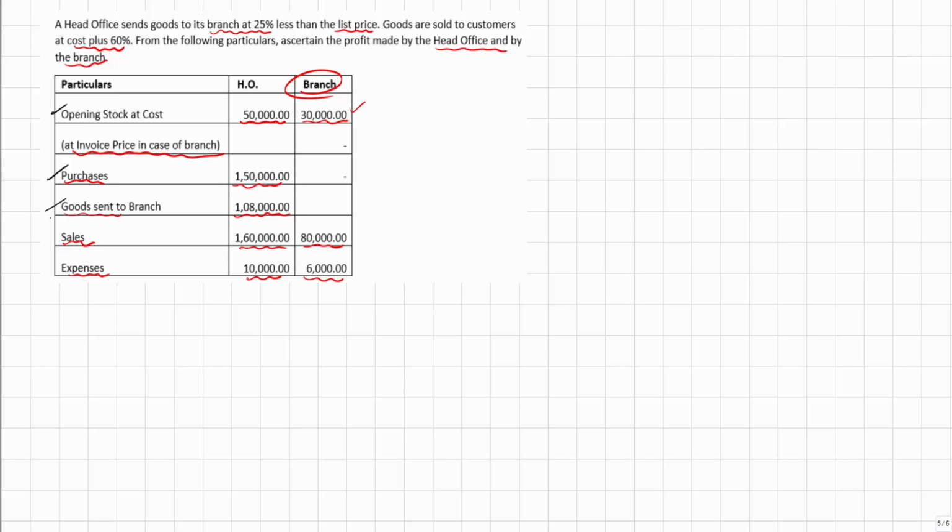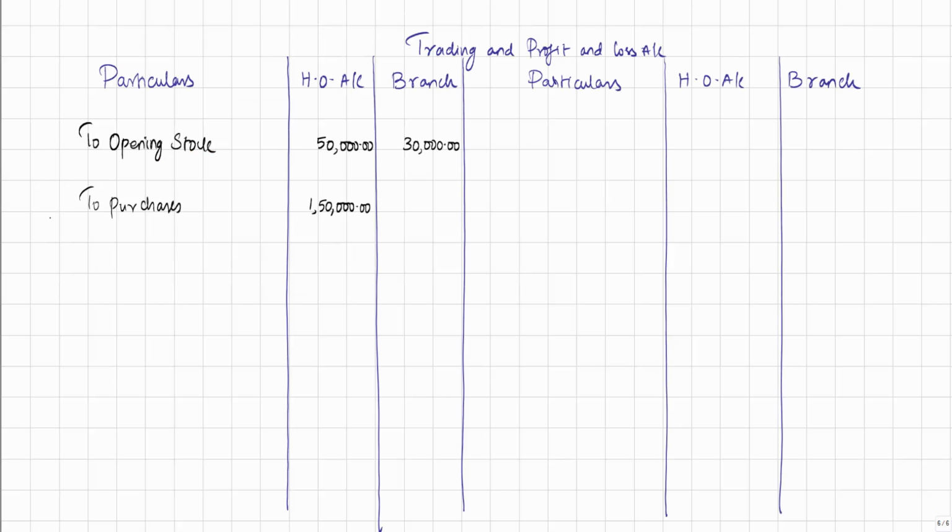Then we have goods sent to branch. As far as HO is concerned, it's a credit item. As far as branch is concerned, it is a debit item, 1,08,000. So first we'll write from the branch point of view. From the branch point of view, it is basically a debit item. For HO, it is a credit item. So first we'll write to goods received from head office.